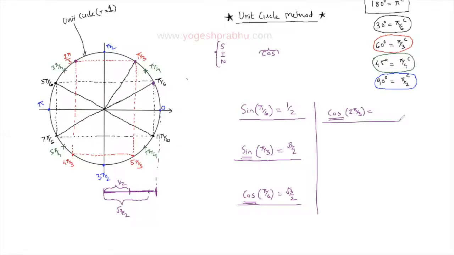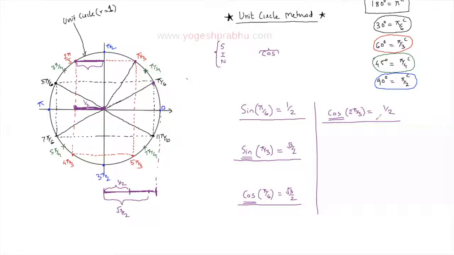As per what I told you, cos is a horizontal measure or a horizontal distance. So this much distance you will take. If you want to measure this distance, you can just see it is the same as this distance. And this horizontal distance is half of the full thing. Yes or no? So what is going to be the answer of cos of 2 pi by 3? It is half.